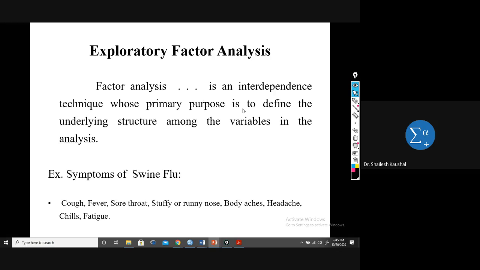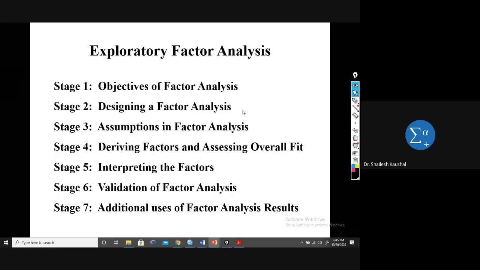Same as in social science research, our research is based on human behavior, and human behavior cannot be directly observed. So we measure human behavior through questionnaire questions. But in science research, if we want to measure temperature, we have a thermometer.